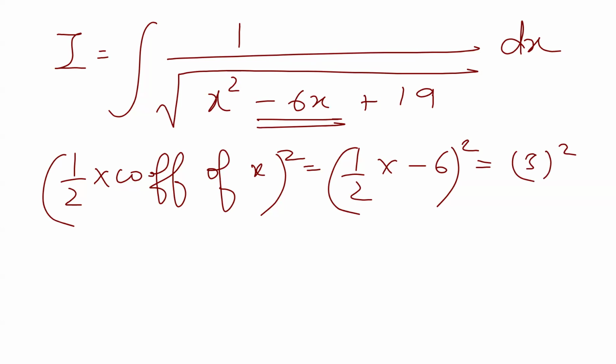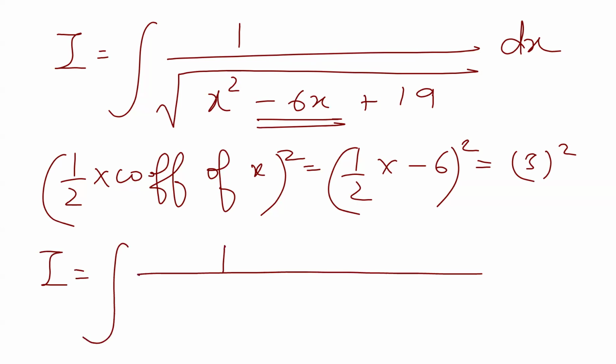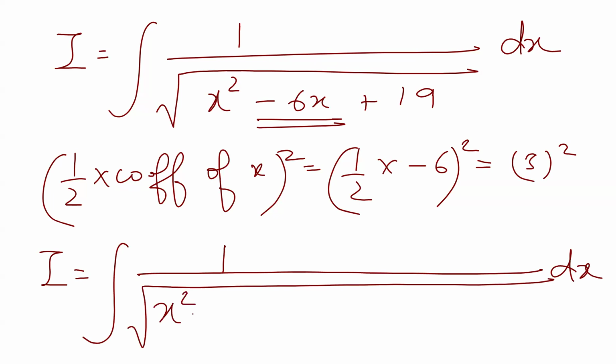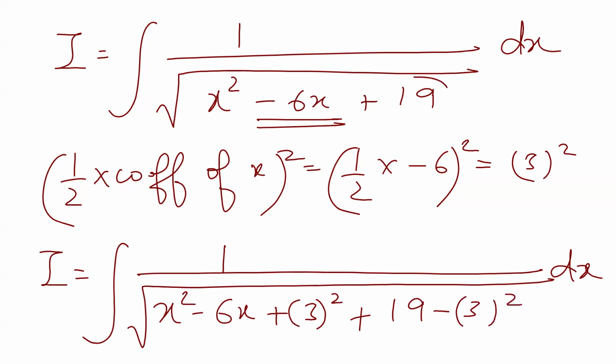Where to place this 3 square? We should place this 3 square before 19, so that is plus 3 square, and subtract it after 19. So before the last term and after the last term, add and subtract 3 square.